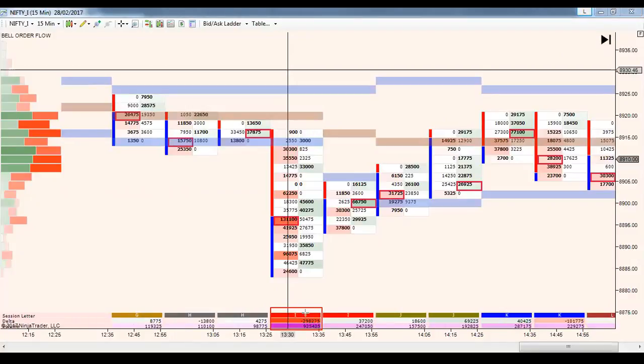You can simply compare the colors of these cells with those prior to it, and you can see that it's way higher than what was happening in the prior few bars. Whenever there is a sudden price break with exponential rise in volume and delta, it generally suggests that the opposite activity was actually waiting for that opportunity to accumulate.